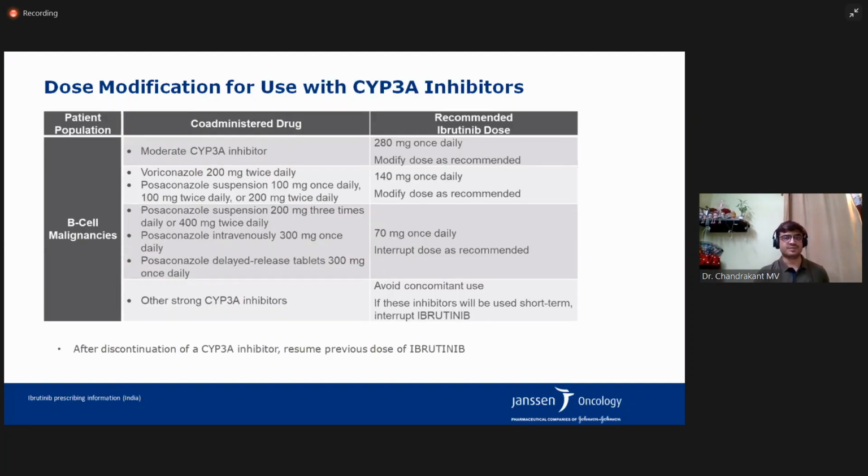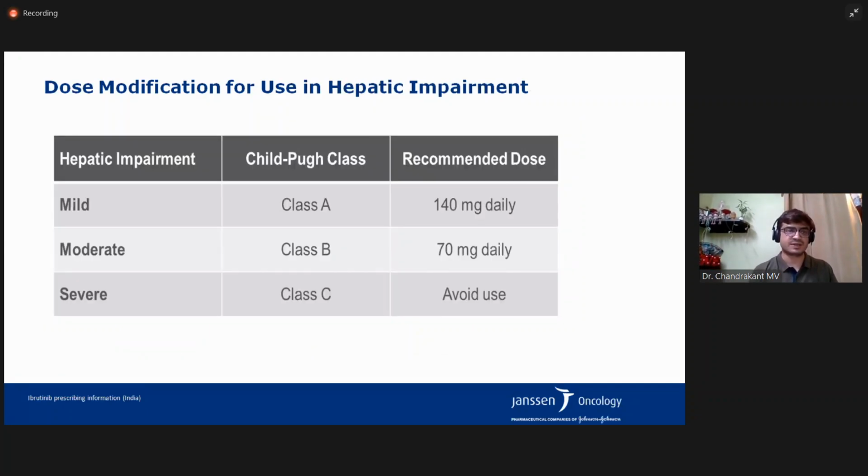We should be cautious when using CYP3A inhibitors and modify the dose accordingly. Ibrutinib is mainly hepatically metabolized, so in renal insufficiency the dose is not greatly modified, whereas in hepatic insufficiency, in Child-Pugh A it is 140 once a day, in B it's 70, and the moment it is C, it's not advisable to use.